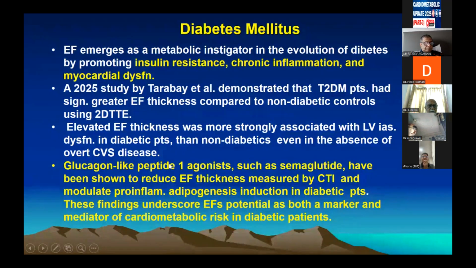And also, just like I mentioned before, glucagon-like peptide 1 agonists such as semaglutide have been shown to reduce epicardial fat thickness measured by CT and modulate pro-inflammatory adipogenesis induction in diabetic patients. So these findings underscore epicardial fat's potential as both a marker and mediator of cardiometabolic risk in diabetic patients.